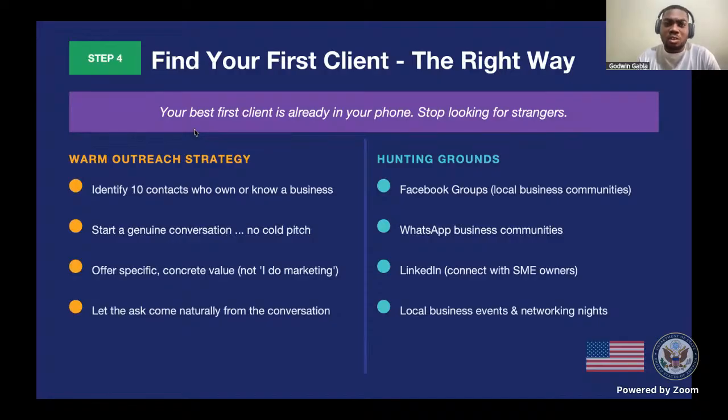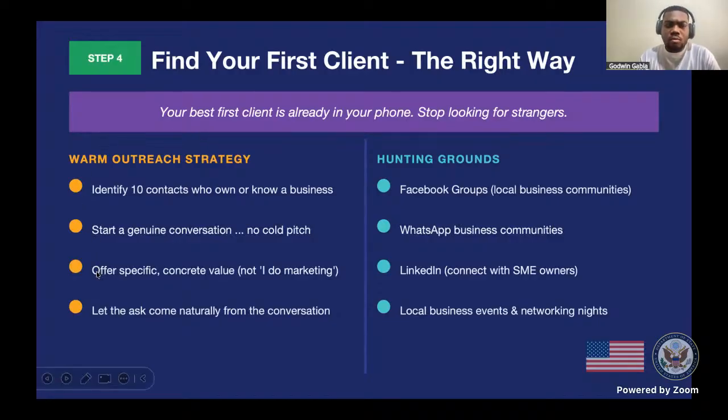Then, based on that conversation, you now say, okay, I just started learning this skill, and I would like to try it out with you for free to see how I'm performing, and then based on that, if you like the results, we can discuss the retainer, we can discuss a way I can help you long term. So you pay me for it.